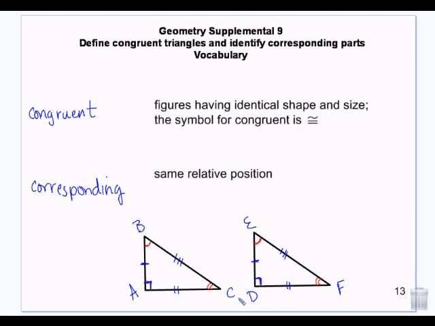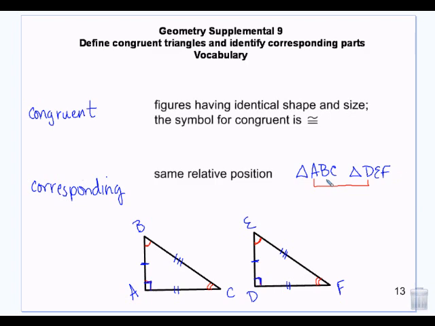So what we have is congruency, and then angle A is going to be congruent to angle D. They're corresponding. So when you list this, this would be A, B, C, and triangle D, E, F. So angle A and angle D will match.